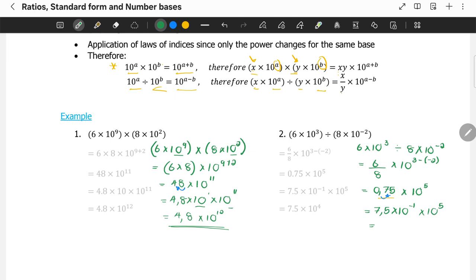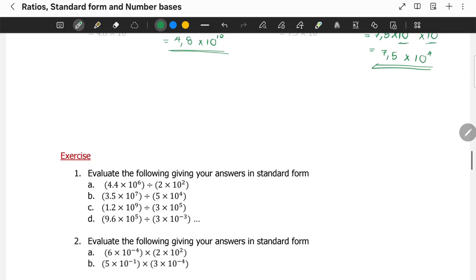And when you expand this, because now you have 10 to the power minus 1 and 10 to the power 5, you get 7.5. You're multiplying, so you add minus 1 plus 5, that's plus 4, 10 to the power 4. And that's how you get your answer.